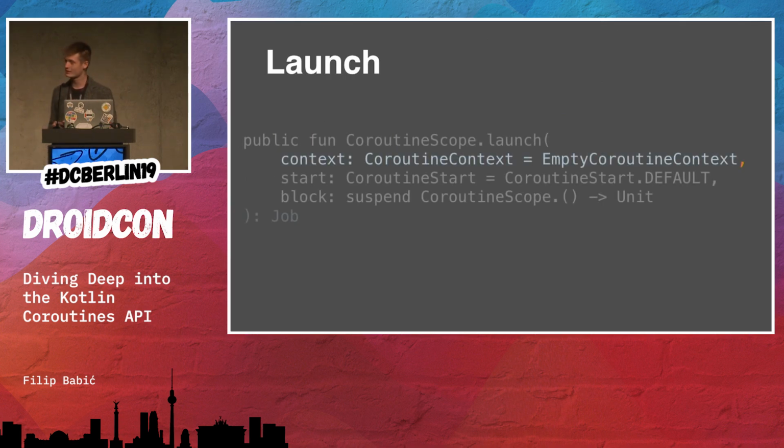So the other thing the coroutine builder launch takes in is the coroutine context, which is a set of elements which describes how the coroutine works. So for example, if you think of the context in Android, you have the context construct, which is pretty abstract, but it holds a lot of different things that define how your application works.